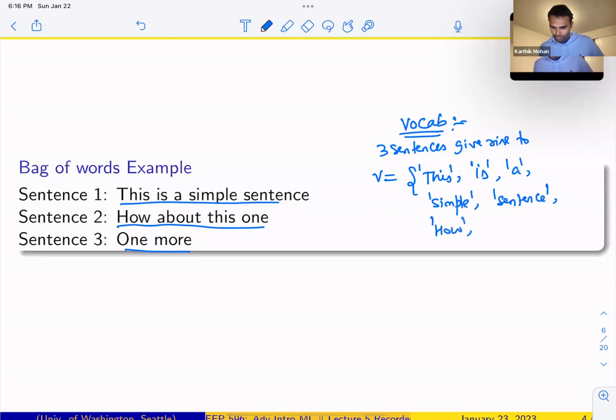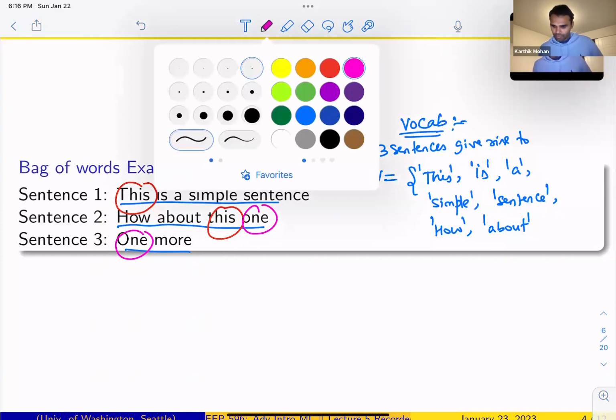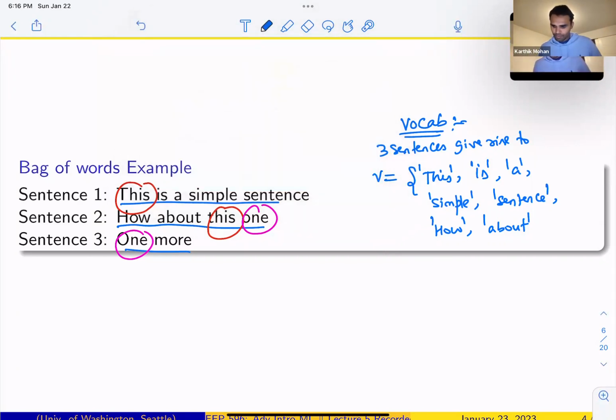How, about, this is already accounted for, so this shows up twice. And then one also shows up twice. So we're only going to add it once. So vocabulary is a set of unique words in a set of sentences or in a set of documents. So how about this is accounted, 1 is again accounted, and then we have more.